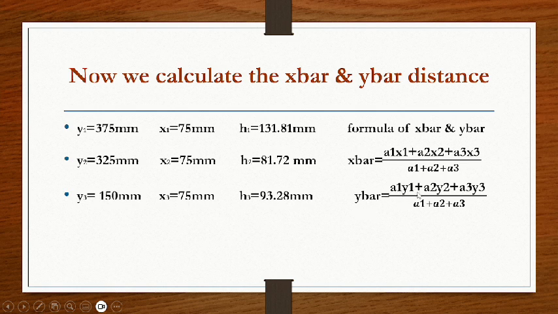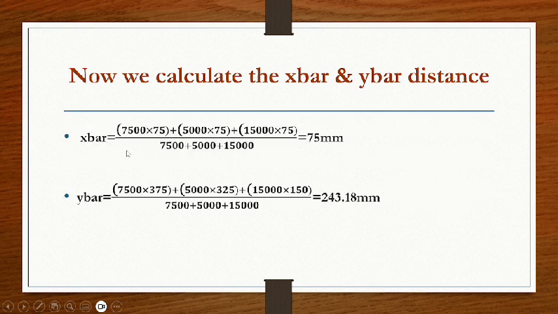Y bar equals area 1 y1 plus area 2 y2 plus area 3 y3, over area 1 plus area 2 plus area 3. X bar is 75 mm. Y bar is 243.18 mm.